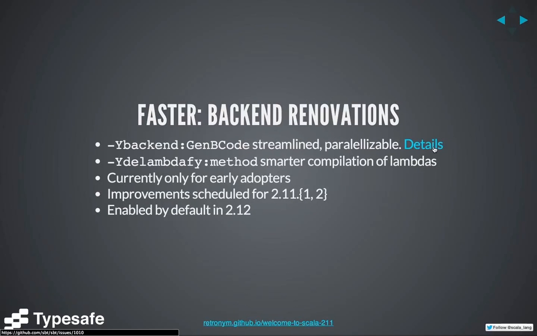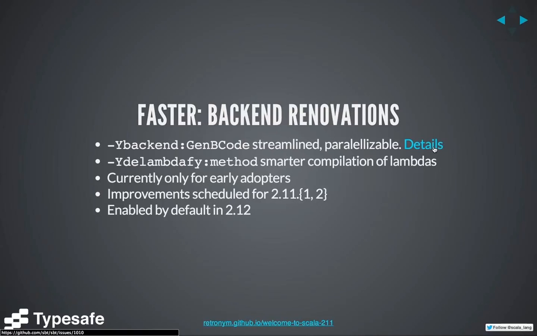So that was the first prong of improving performance, the amount of time that you spend waiting for the compiler. The second prong is making the compiler itself faster. Here, there's been some interesting work happening in the back end of the compiler.